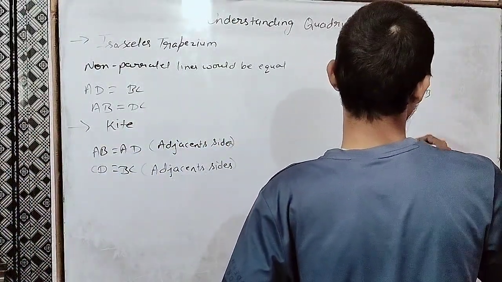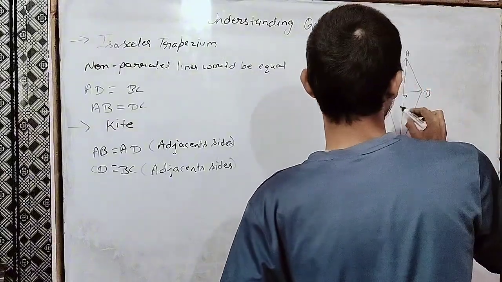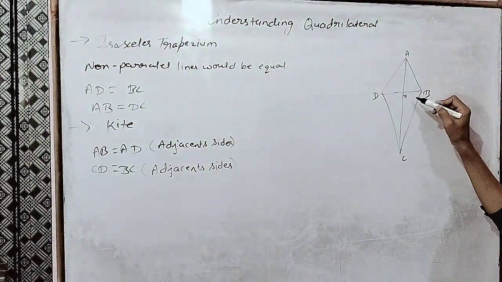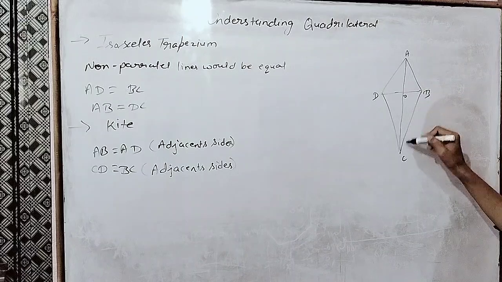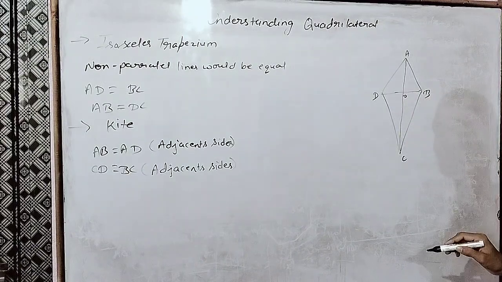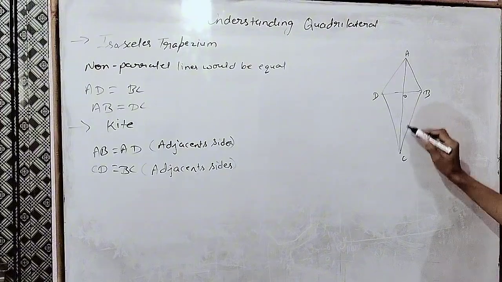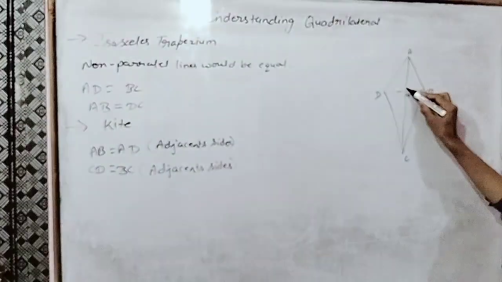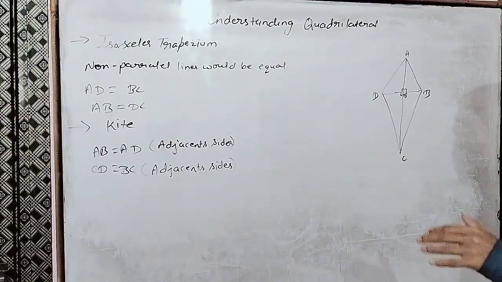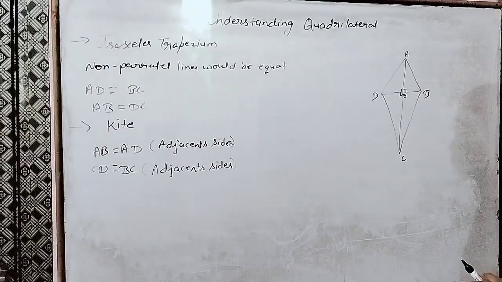This was the difference. But already you know there are two diagonals in this kite polygon, and AO is not equal to OC, and DO is equal to OB. And this is making 90 degree. This is also making 90 degree. So the difference between kite polygon and rhombus is nothing but the measure of sides.